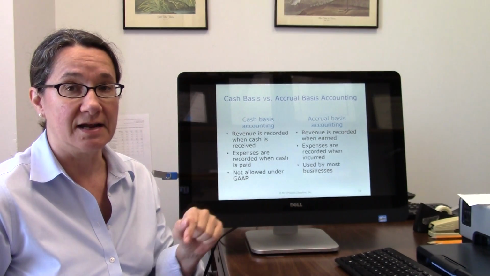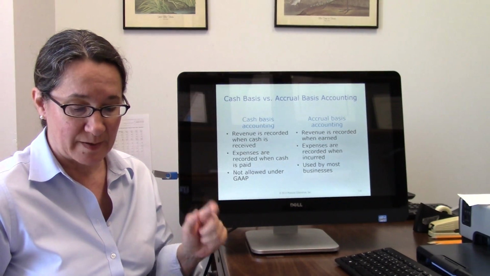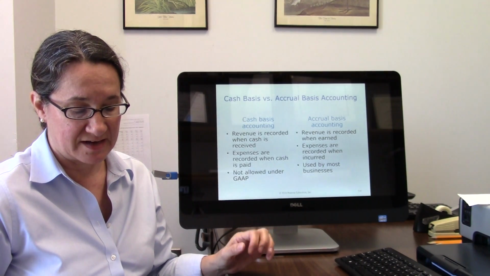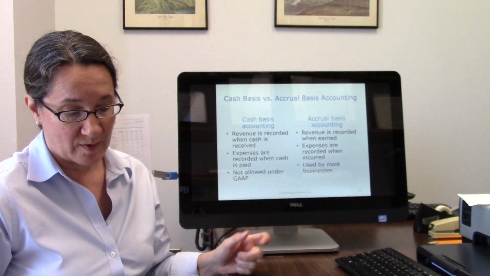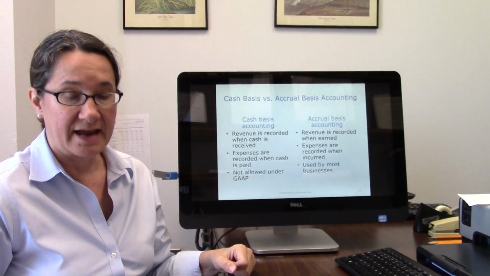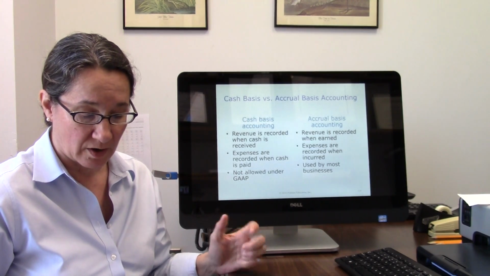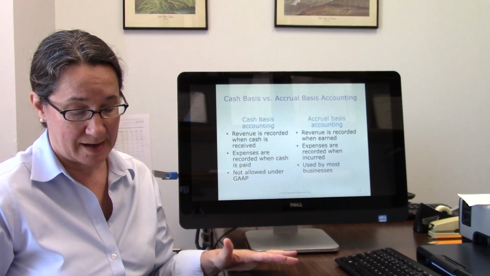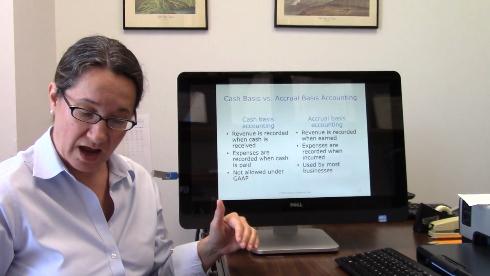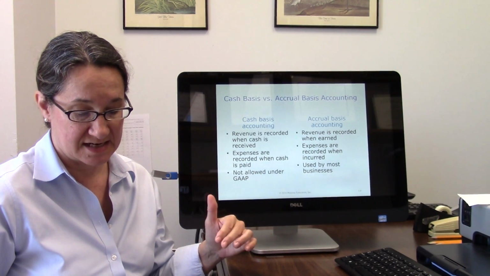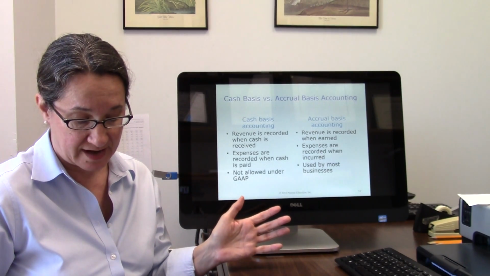What we've been learning is accrual basis accounting. Accrual basis records the effect of each transaction as it occurs, when revenues are earned and expenses are incurred. Therefore, revenue is recognized when the service is performed, not when cash payment is received, as the receipt of cash may occur at a later date.